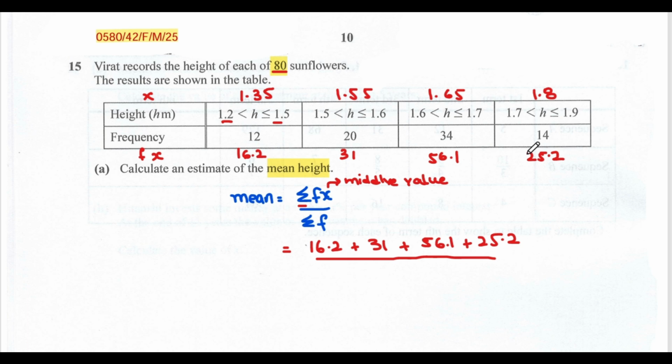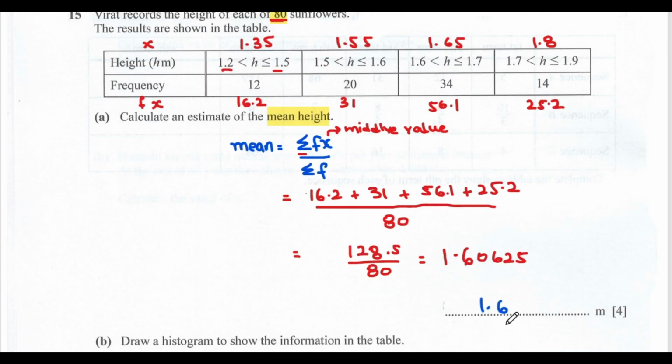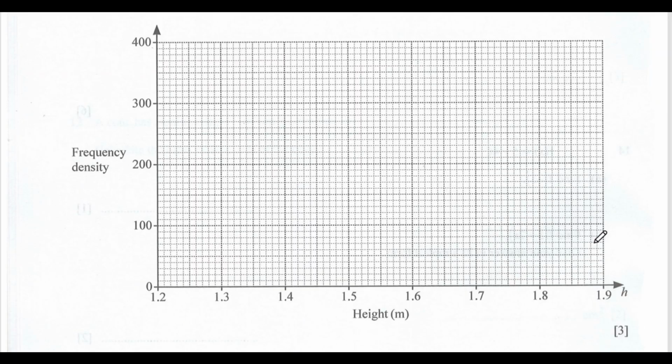That means add 12, 20, 34 and 14, or the total is already given by the question, which is 80, so I can put 80 directly. Now in the numerator, after adding all the values, I will get 128.5 over 80, and dividing these both, I'll get my final answer as 1.60625. I can round it off to 1.61.